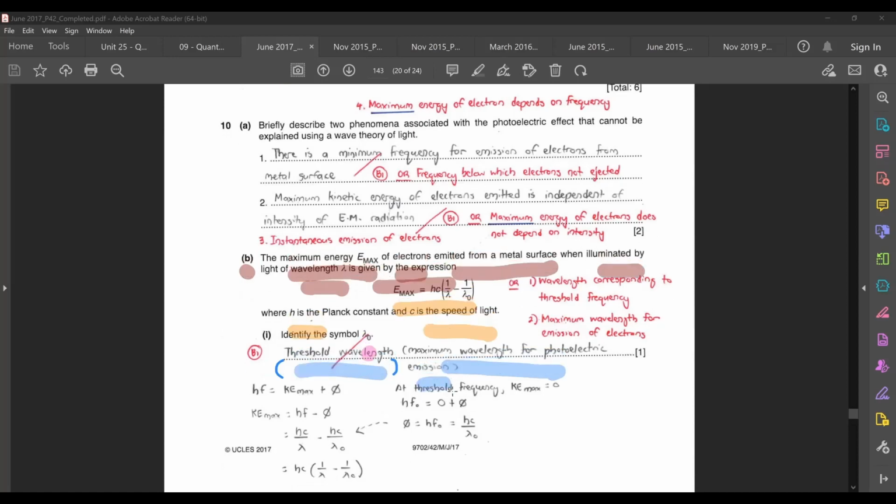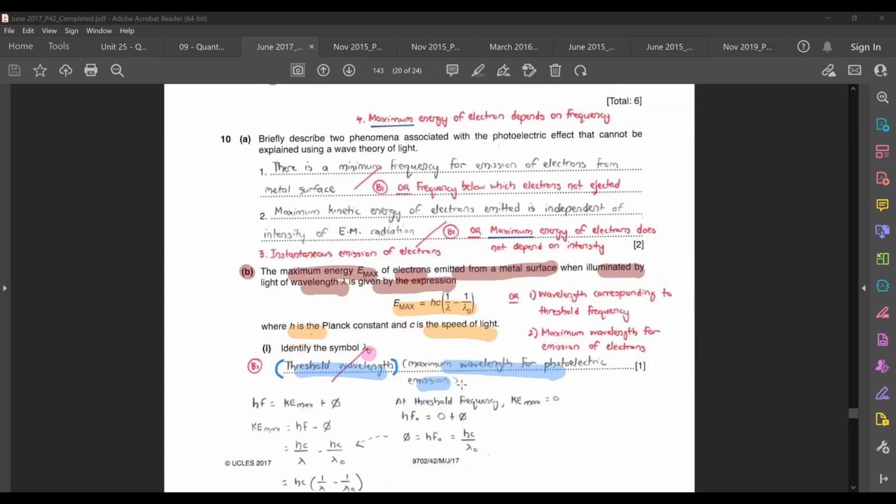Then after that, before I go any further, your Emax here is actually referring to your KE max. Although they didn't say it's kinetic energy, they just say it's maximum energy, it's already understood it's KE max. If you look at this equation here, it seems different from the ones that you had in the notes previously.